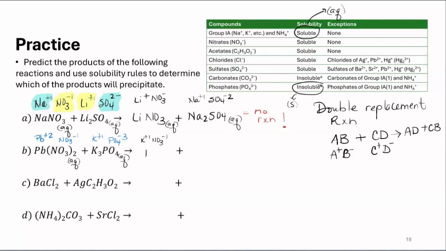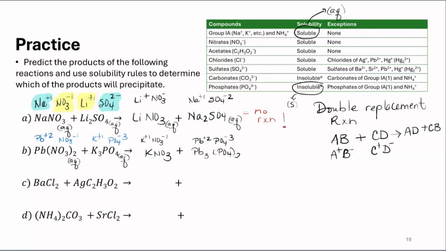So that chemical formula is KNO3. And the next product of the reaction is going to be Pb plus 2 combining with PO4 minus 3. So the chemical formula is Pb3(PO4)2.